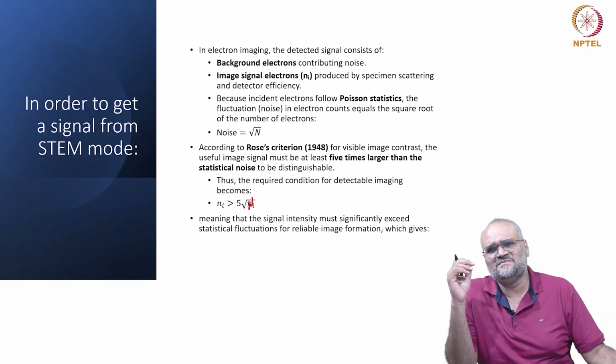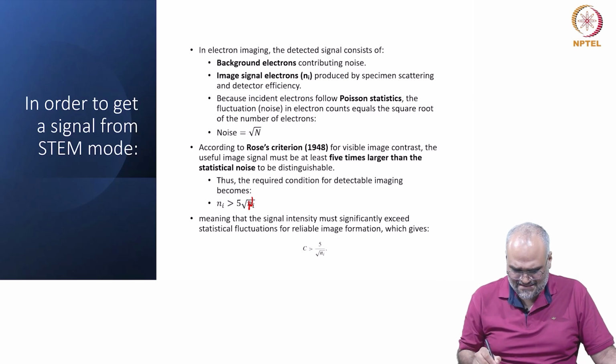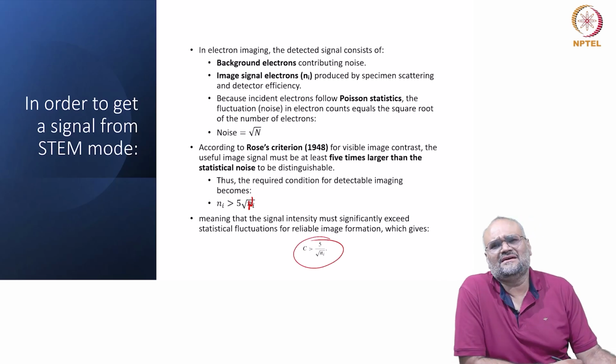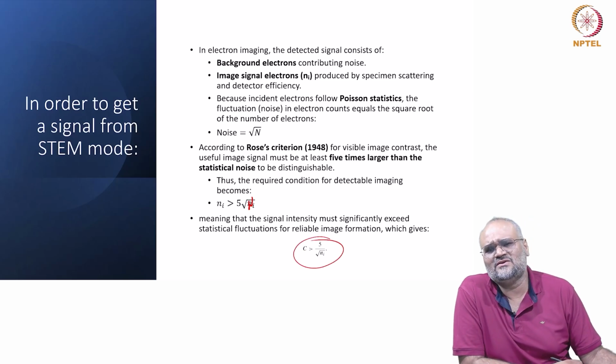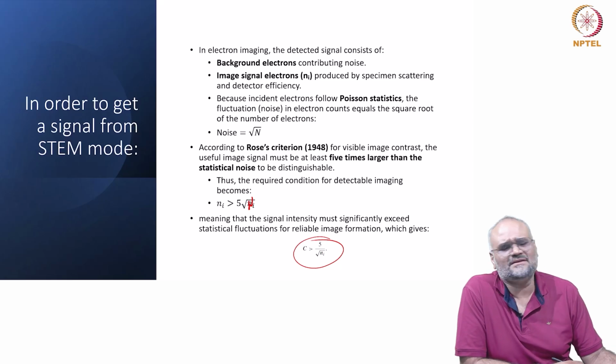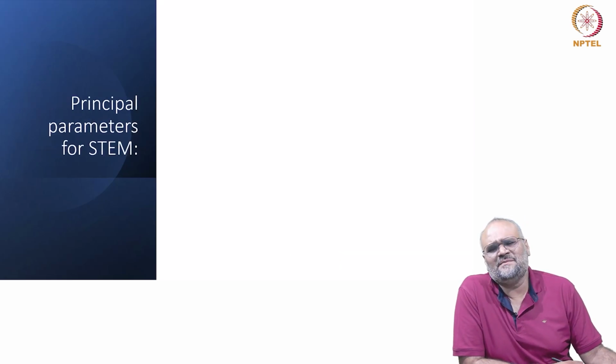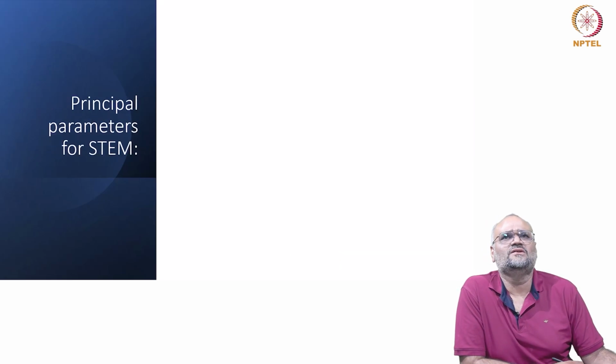So this means the contrast is such that I have a ratio somewhat inversely proportional to root over the noise here. So the principal parameters for STEM are as follows.